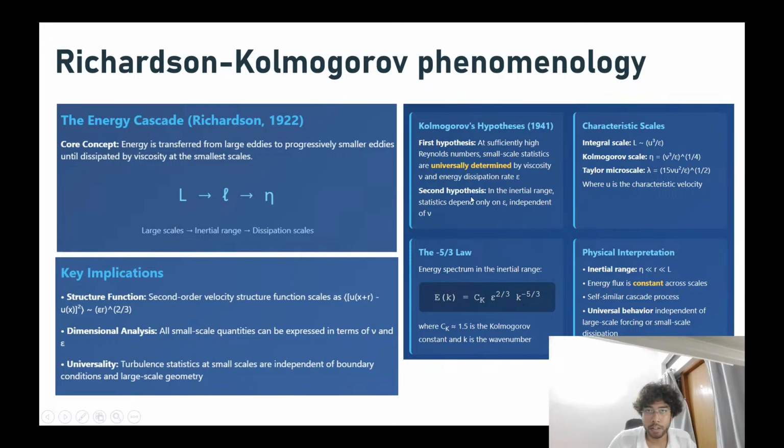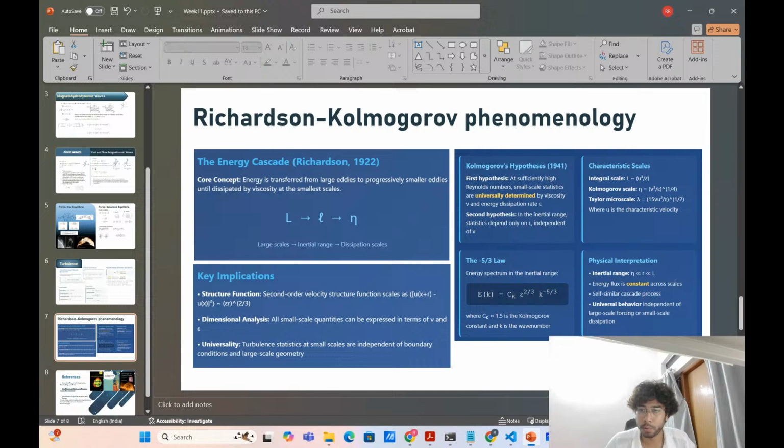Right, where ck is the Kolmogorov constant. This just states which wave number would give rise to what energy and so on. Okay, so where does this come from? Let me just go back to my notebook and explain it.